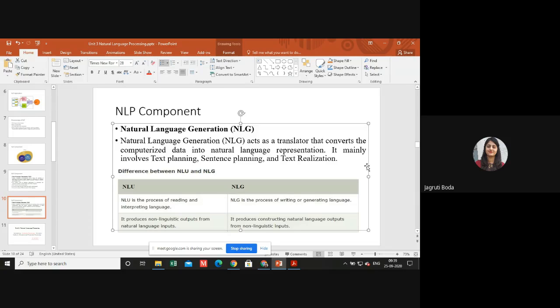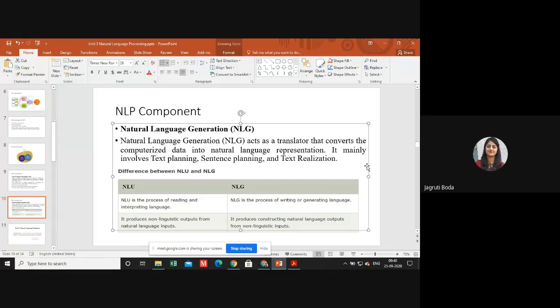Okay. Now what is the role of the NLU? It produces non-linguistic outputs from natural language input, and NLG produces natural language output from non-linguistic input. Means you are asking a question to Google Assistant in your language, right? This is your linguistic language, and your language is not understood directly by the computer, right?